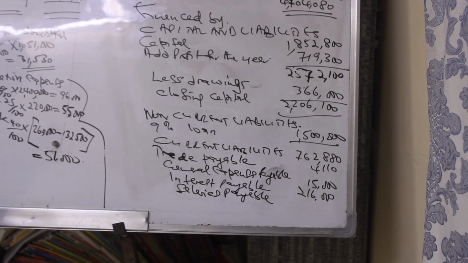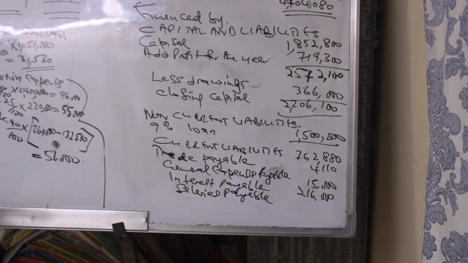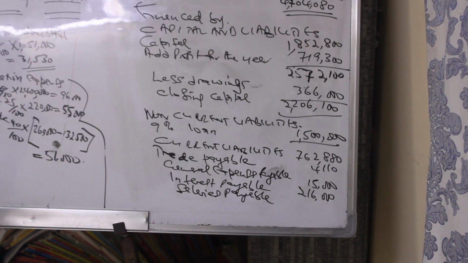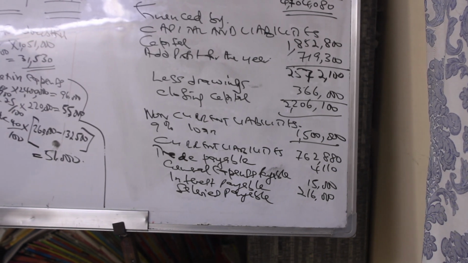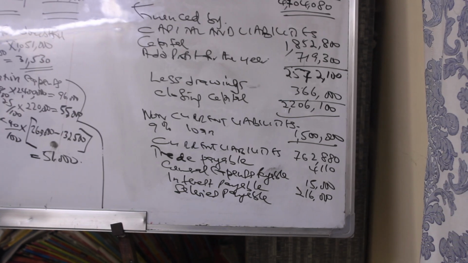Something is amiss. 762,880 plus 4,110 plus 15,000 plus 216,000.